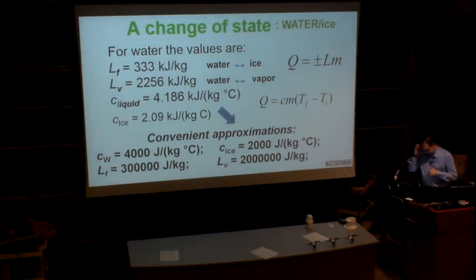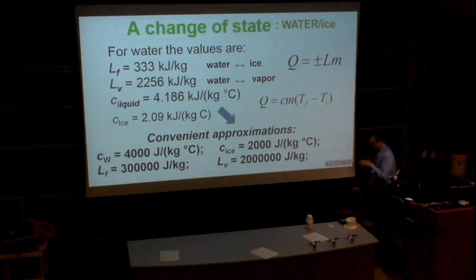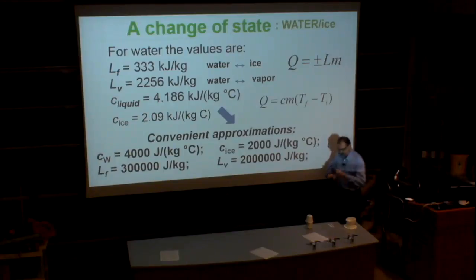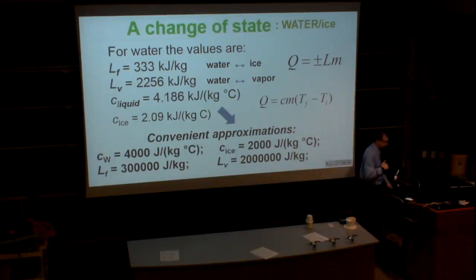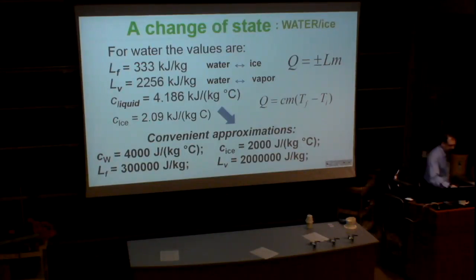All right, so of course, water is the most important substance for us. And I'm going to finish right now. I just want to point at different ways people write units for the same constants related to water or ice. It's important because sometimes just missing a unit leads to a mistake.